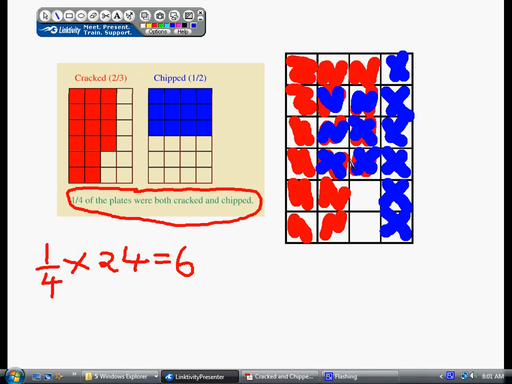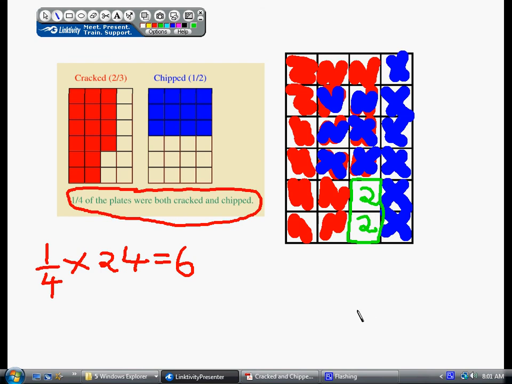Now, the question says 4 plates were neither chipped nor cracked. And this is what I'm left with. Let's change the color to green. Just 2 squares. They represent the plates that were intact, that were fine, and there were 4 plates that were neither chipped nor cracked. So each square must represent 2. 2 and 2, 4.